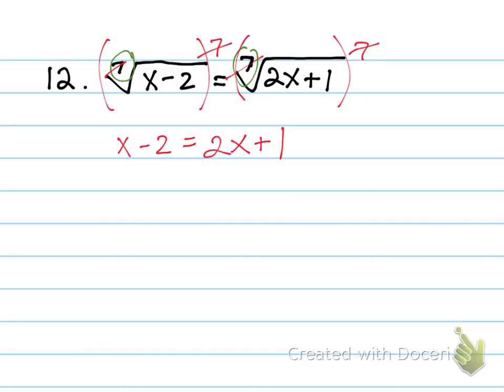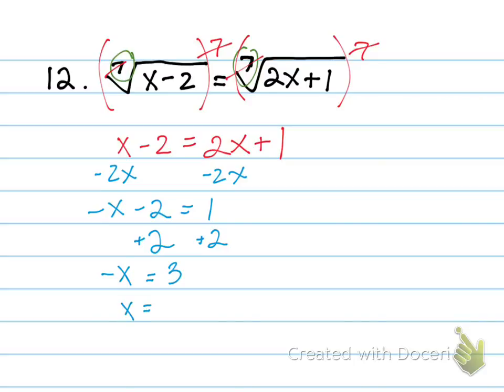And then I can solve for x. So subtract 2x. Add 2. Negative x equals a positive 3. So x equals negative 3.